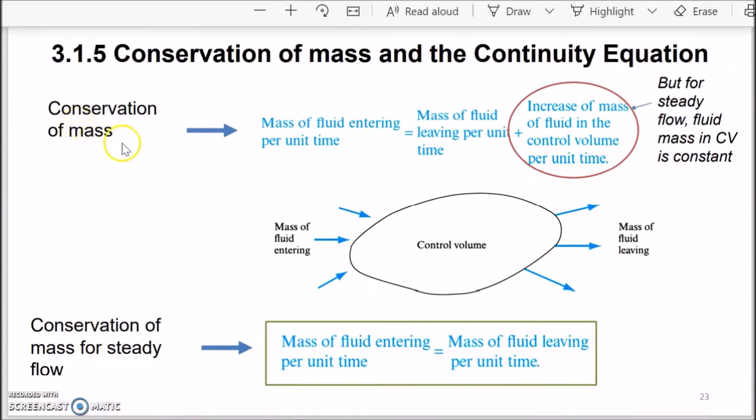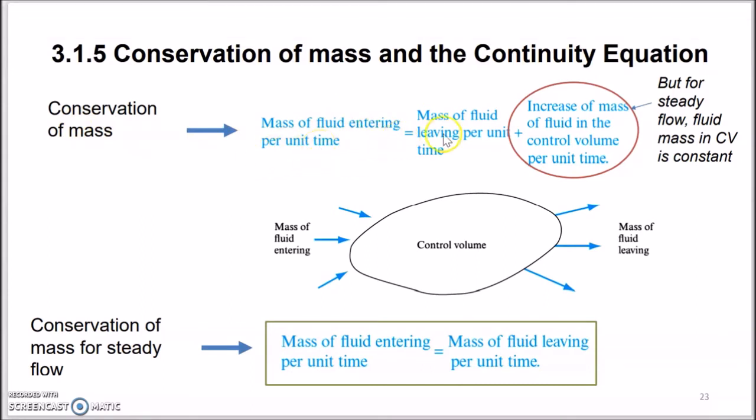Conservation of mass: the mass of fluid entering per unit time equals the fluid leaving per unit time plus the increase of mass of fluid in the control volume per unit time. However, for steady flow, the fluid mass in the control volume is constant.